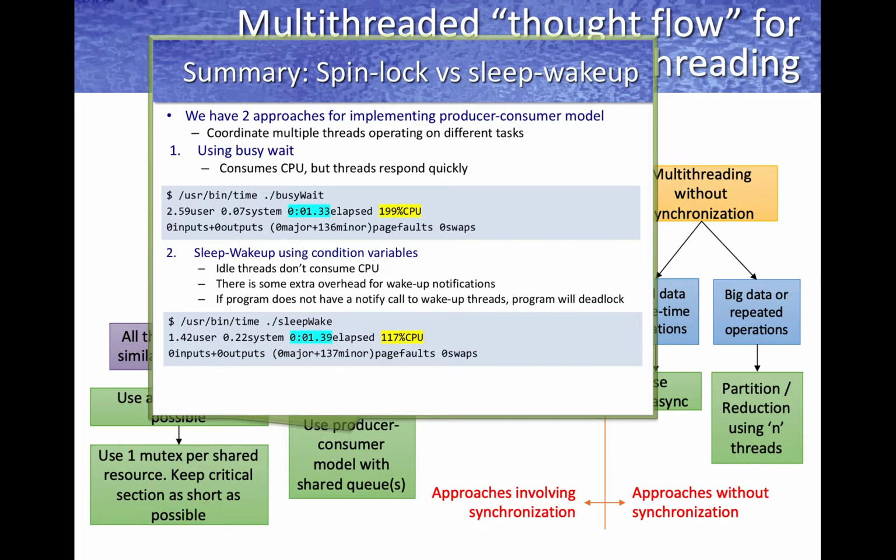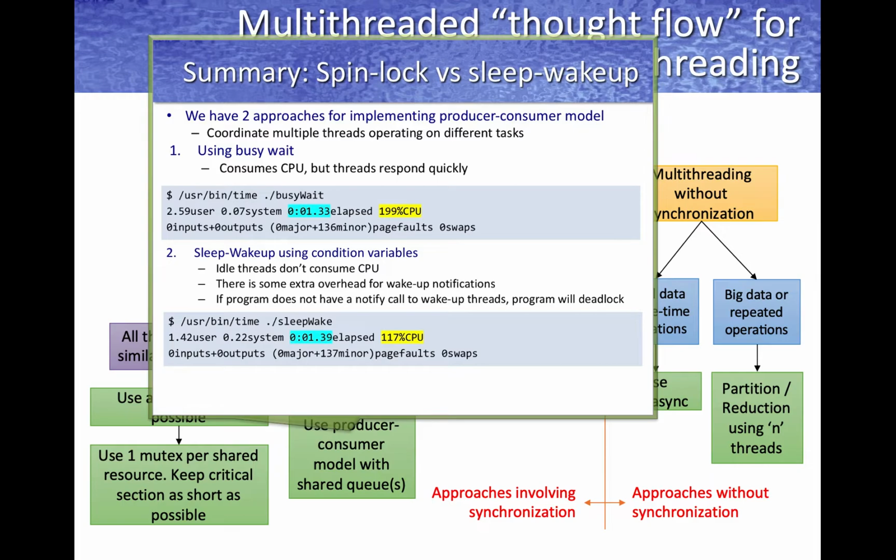Here you're trading off quick response time for increased energy usage. The sleep wake up, on the other hand, is more energy efficient because threads do not utilize CPU when they are idle. So it gives you more energy efficiency, but it does have a little bit of overhead to wake up these threads and send and receive these notifications.